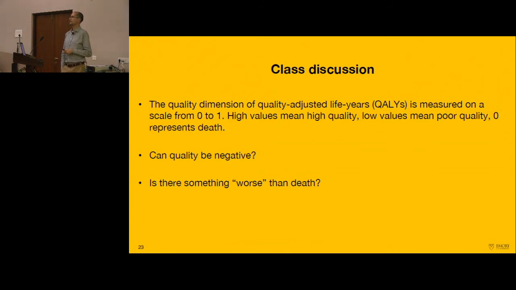So let's say if we had the scale from -1 to 1, 0 means death, then keeping people dead or killing some people may be cost effective compared to keeping them in certain health states. That is the argument for you. That's why Hitler did it.